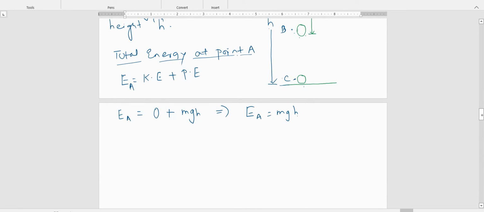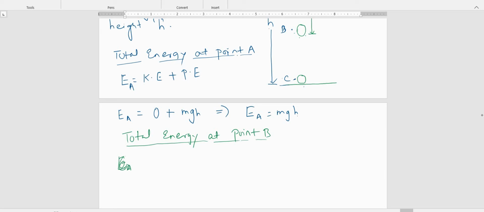Now we'll calculate the total energy at point B. Obviously it will be the sum of kinetic and potential energy. Let us first calculate the kinetic energy.